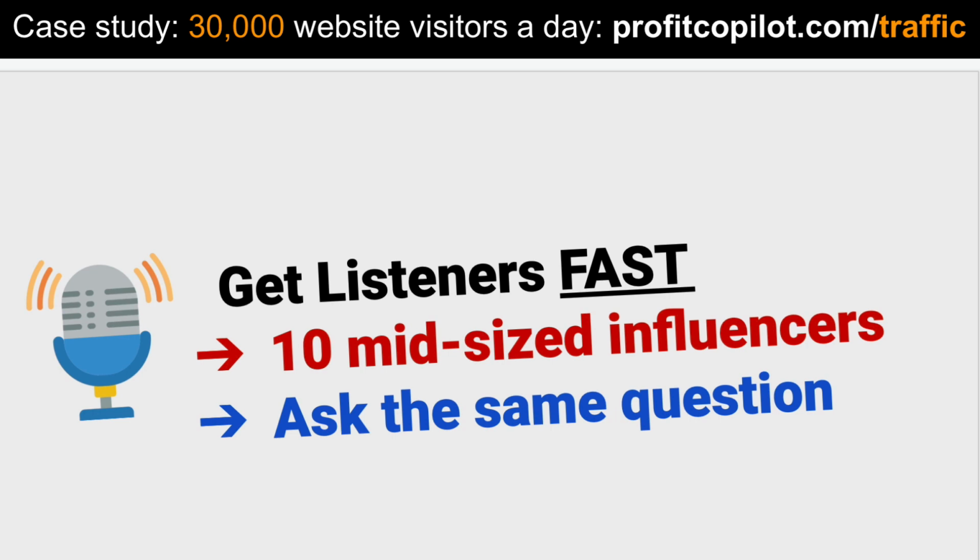The question, if it's one of those burning issues that your audience is facing or wondering about or wants to know more about, that can be a really good tactic. However, the important thing here is to just get 10 mid-sized influencers on board, ask them all the same question.